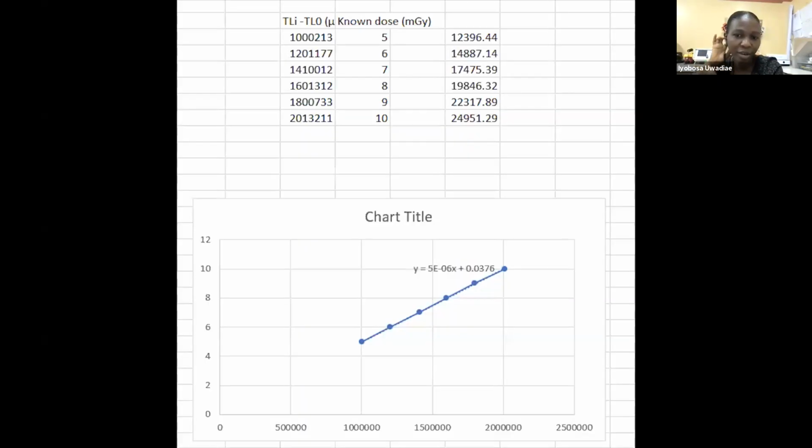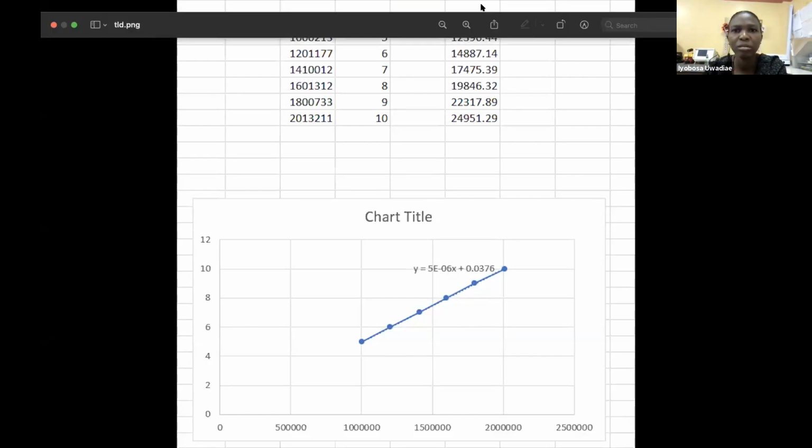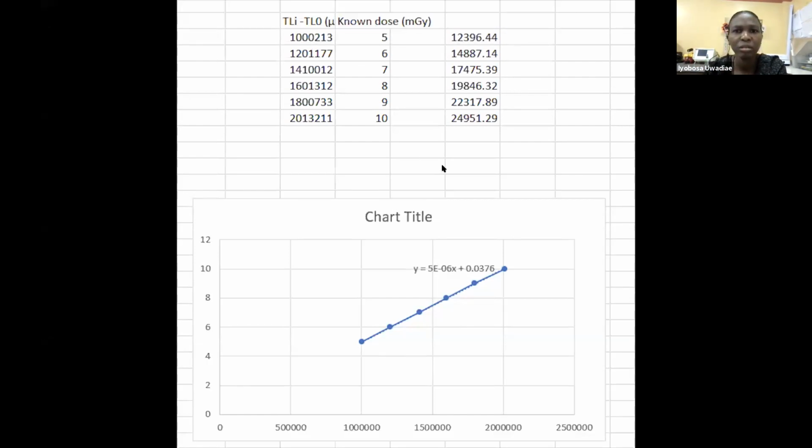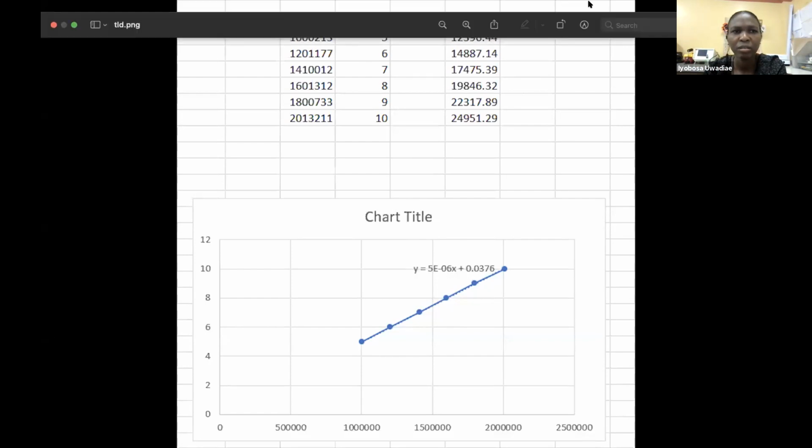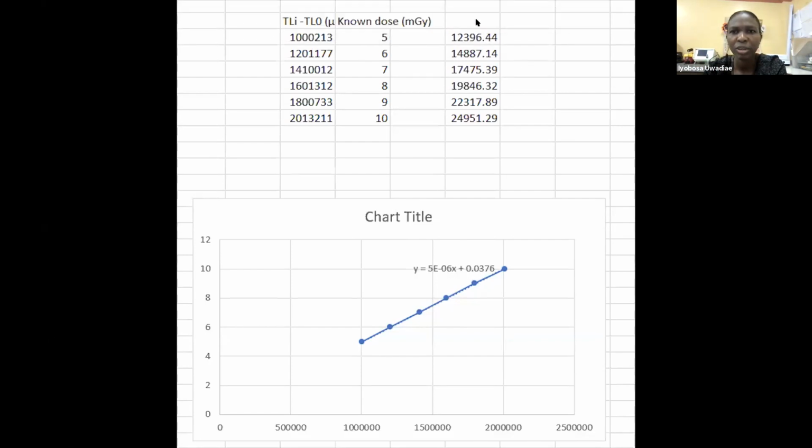So this is from Tosin. Can you see Tosin's graph? Can you see my screen? You can't see my screen? Oh, really? Why? I'm sharing my screen.